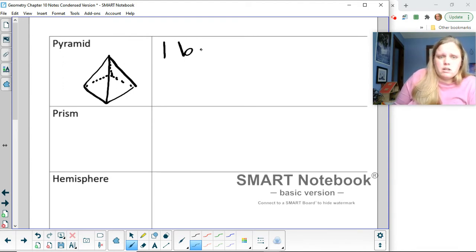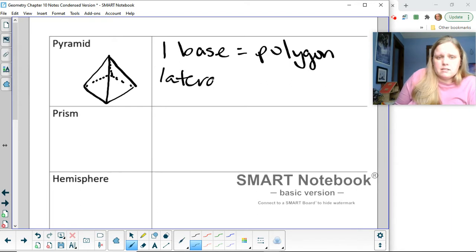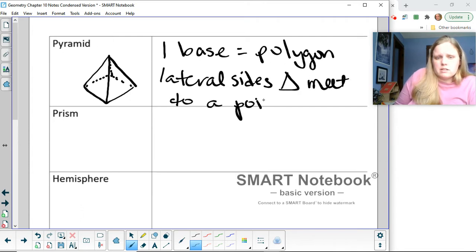So it's going to have one base that is a polygon, and then all of the lateral sides are triangles that meet at a point.